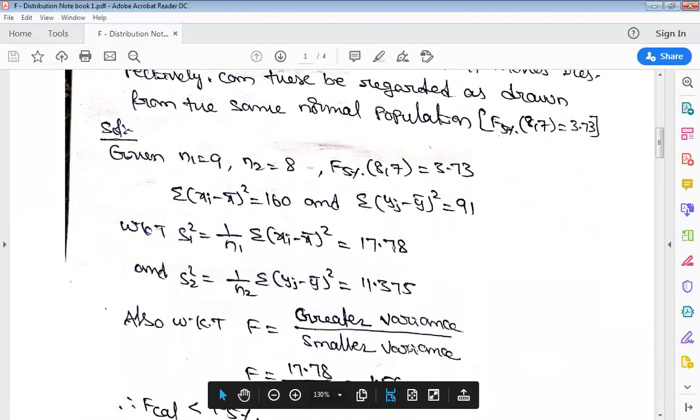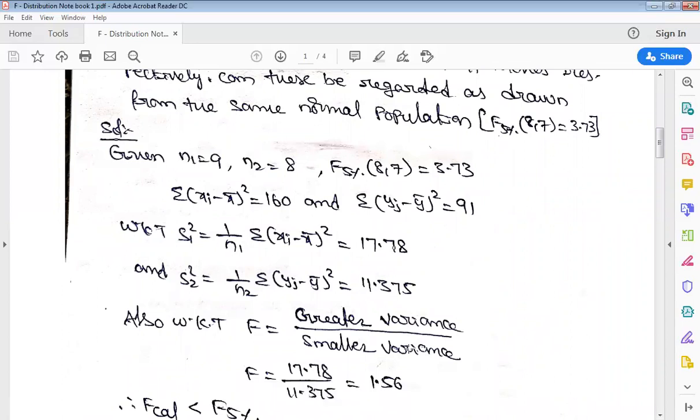We have the formula for sample variance, which is S1 square is equal to 1 by N1 summation of xi minus x bar the whole square. Substituting the values, we get S1 square as 17.78, whereas S2 square, using the data for the second sample, we get 11.375.